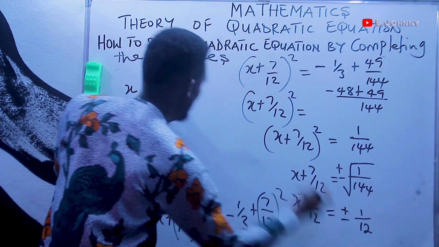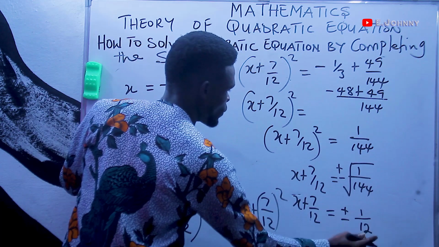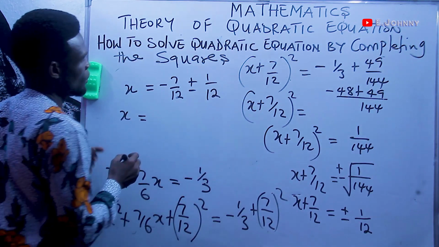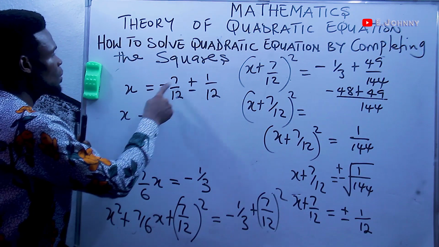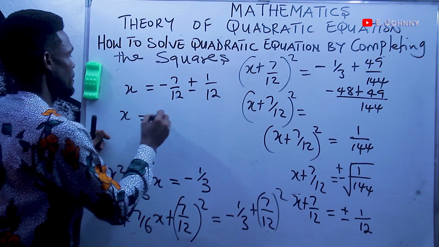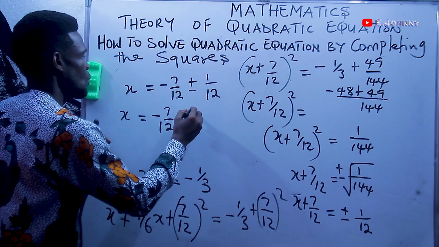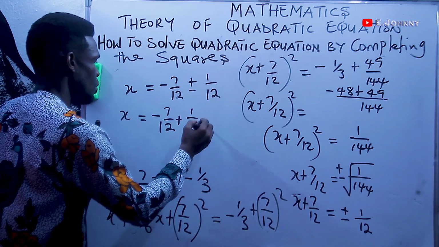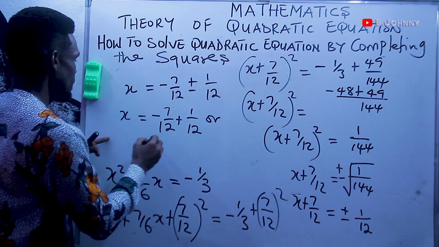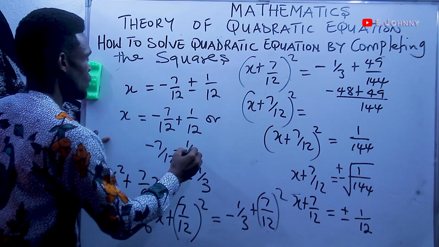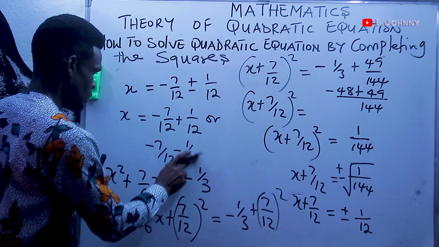Then plus or minus 1 over 12. 1 over 12. So x is equal to minus 7 over 12 plus 1 over 12, or minus 7 over 12 minus 1 over 12.